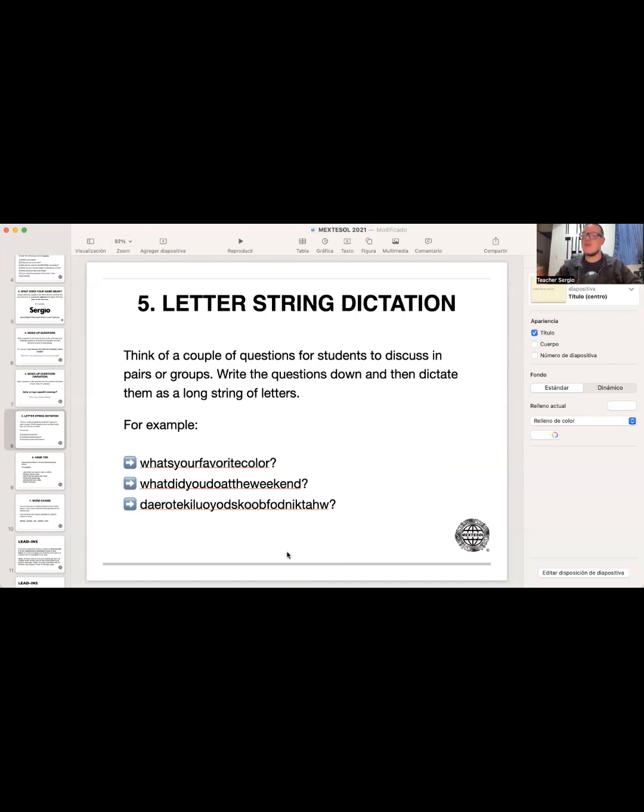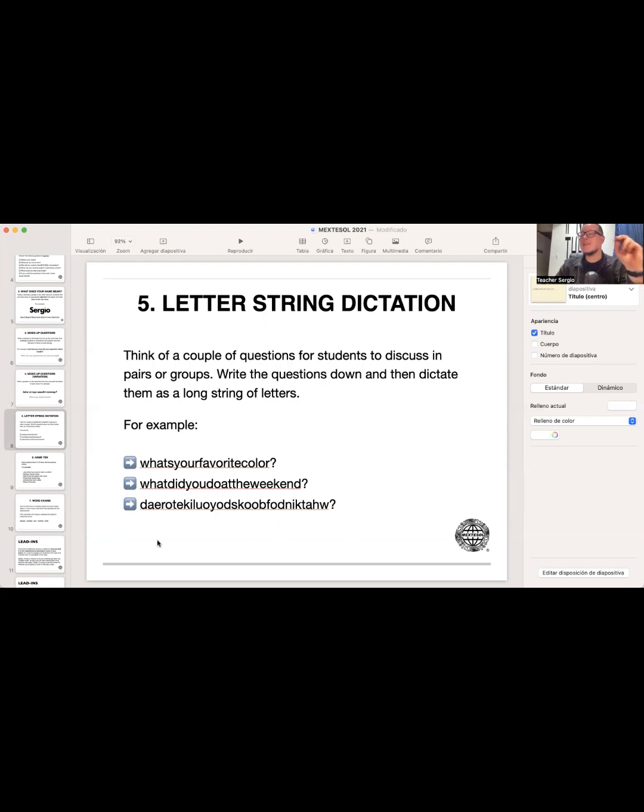You can write the questions down, and then, of course, if you write them down, I prepared a question for you right here. If you write the questions down in your notebook, for example, in my case, I wrote this question. What's your favorite food? All right. These are just examples, the ones that I have right here. And this is what you do.